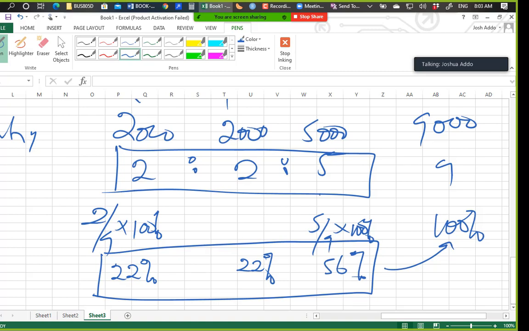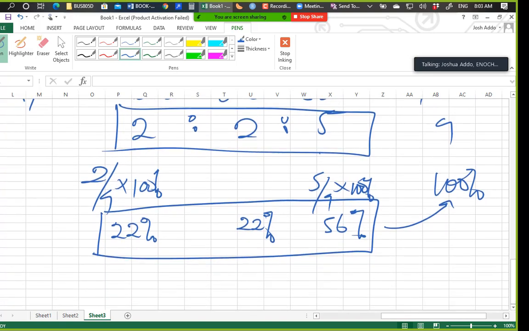If you are comfortable working in simple fractions, you can convert this percentage to fraction. You'll get some rounding differences anyway, that will cause slight differences in your figure. So that is what it is in terms of computing the sales mix. 2:2:5, 22%, 22%, 56% between them.